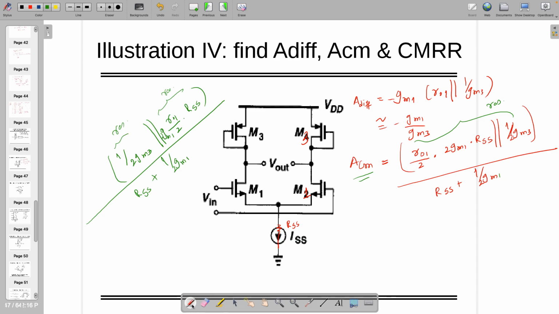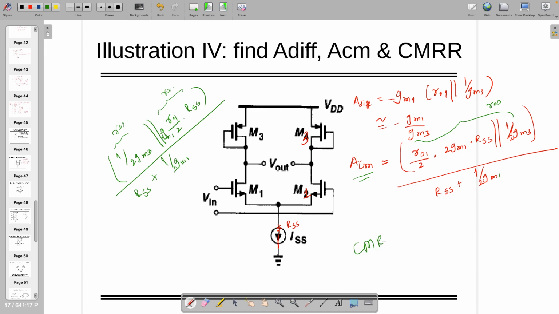Why is it not there? Okay, yeah, that is not going to be there, right? So that is the mistake. So input resistance. So this is the correct one, right? So okay. So this is fine.